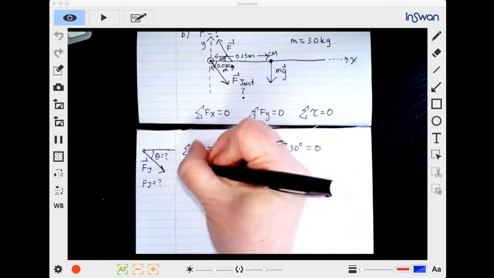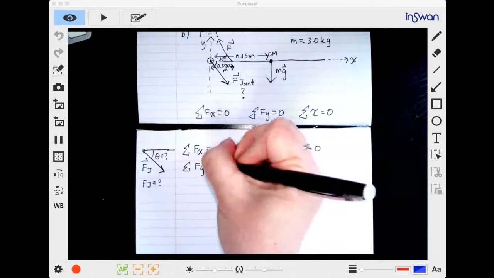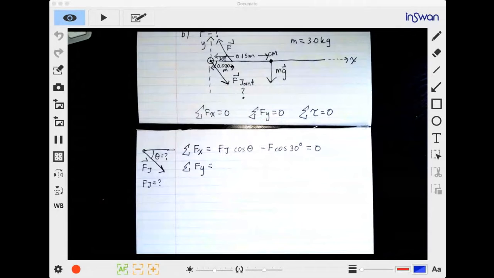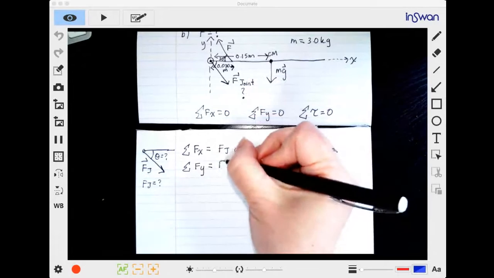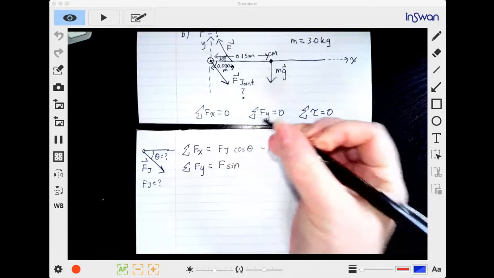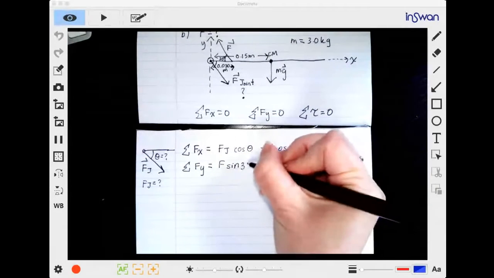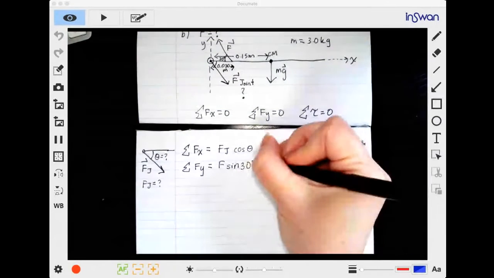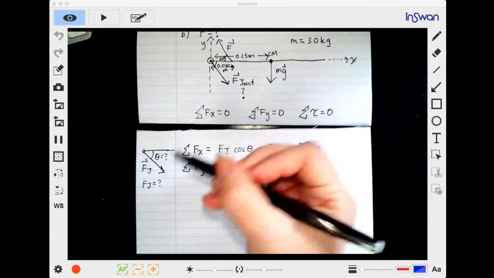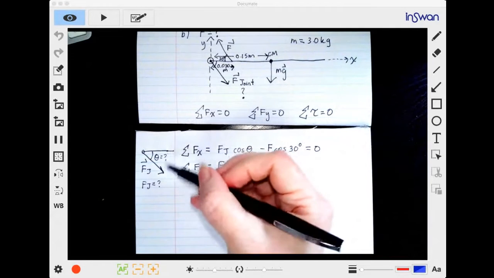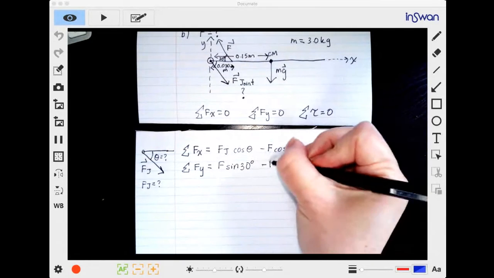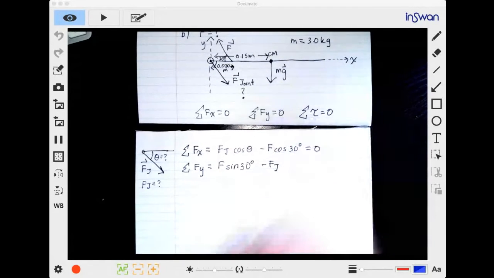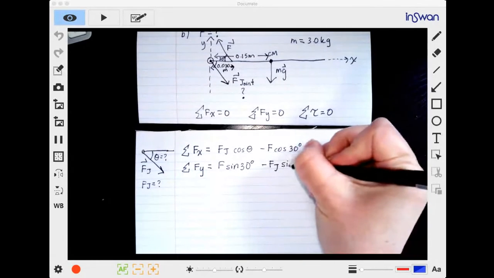All right, so now we can do the y components. Now all three forces have y components, right? So we have F sine 30, that's a positive y component. And then the joint force has a negative y component, so that's minus F joint sine theta.